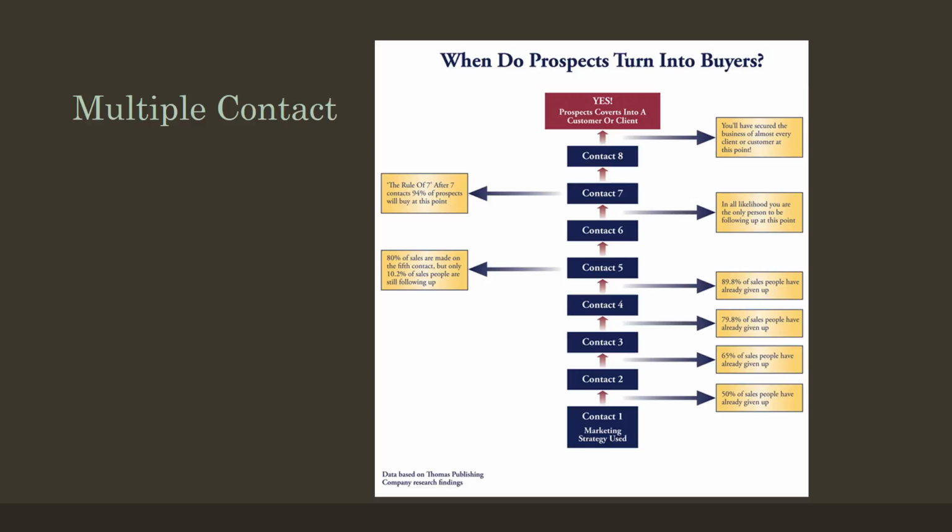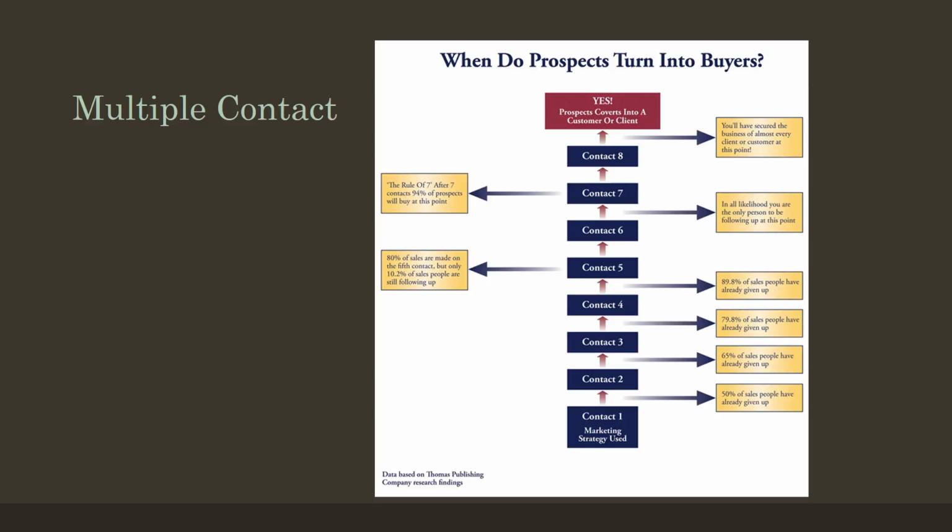Contact 3. After that, 79.8% of salespeople have already given up. 4, 89.8. Contact 5, 80% of sales are made on the 5th contact, but only 10.2% of salespeople are following up. So contact 6, in all likelihood, you are the only person to be following up at this point. That is very, very true.